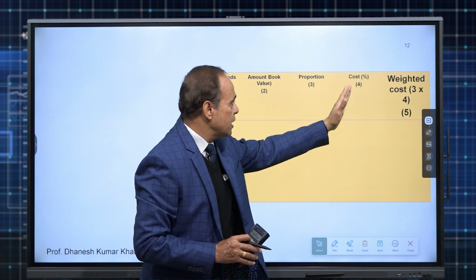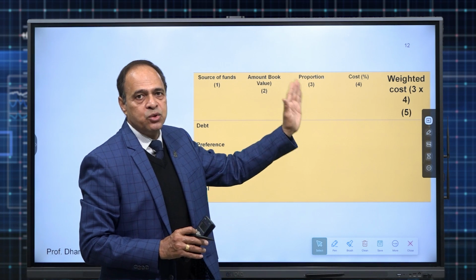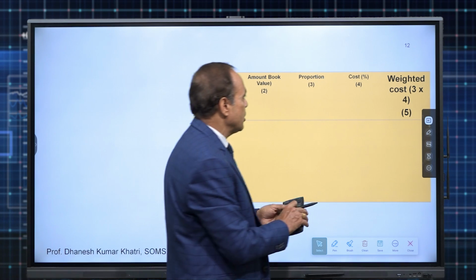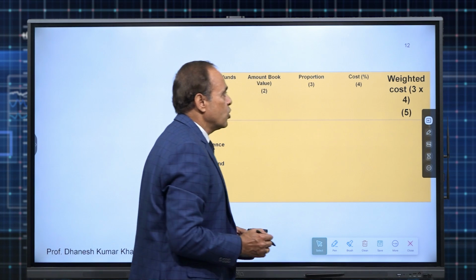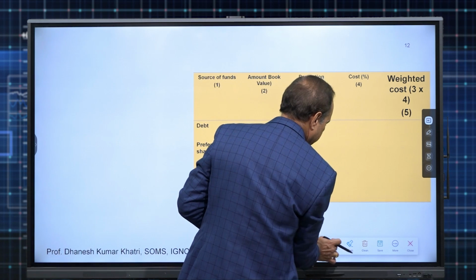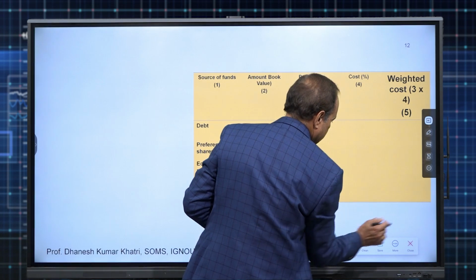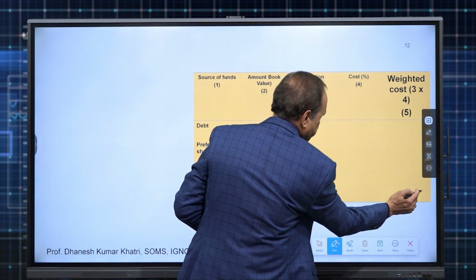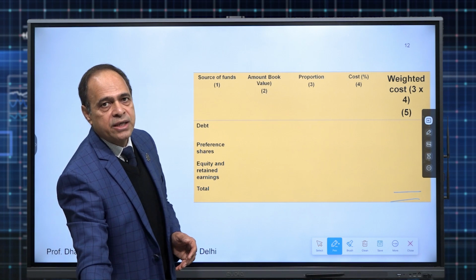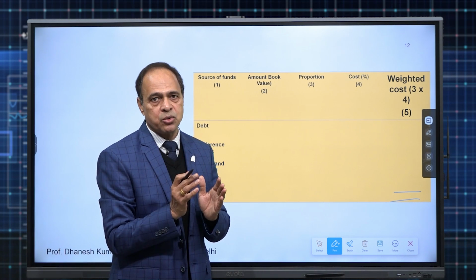You will be using specific cost. Again to remind you, always use after tax cost. And then the last column is the multiplication of the third and fourth columns, and we sum up the last column, that is our overall cost. So that is the way we will be calculating marginal cost of capital or overall cost of capital.